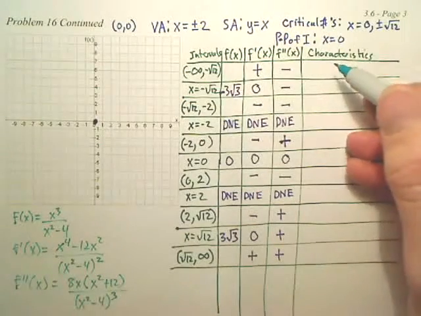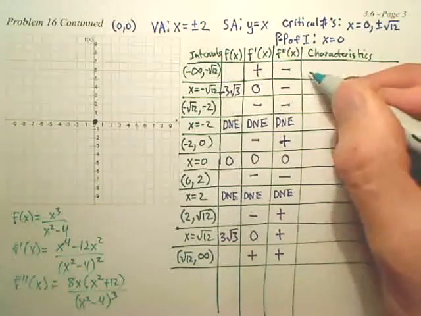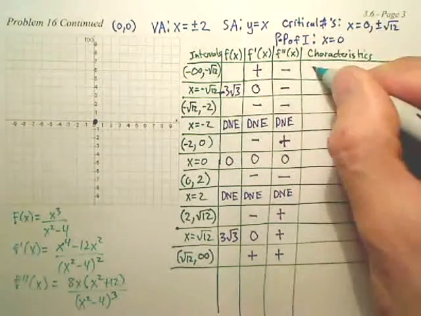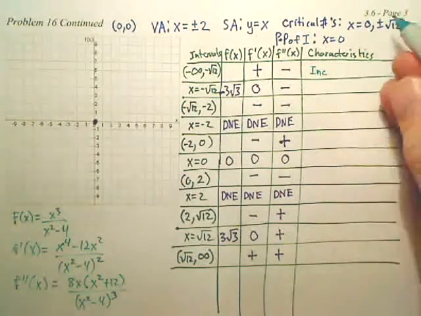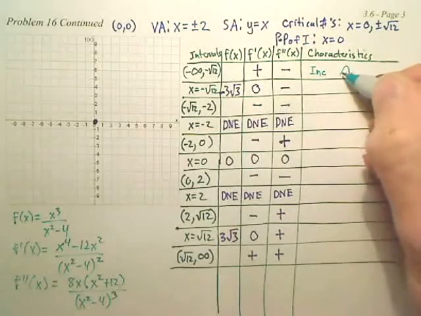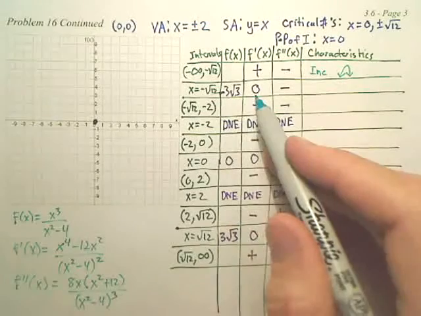On the test, you have to label your characteristics. So, positive first derivative means it's what? Increasing. And negative means it's sad. Concave down. What is this point going to be?